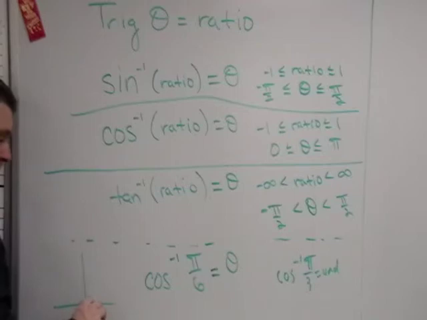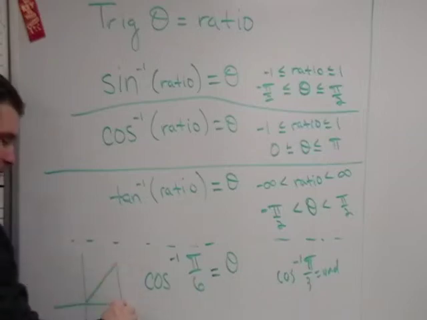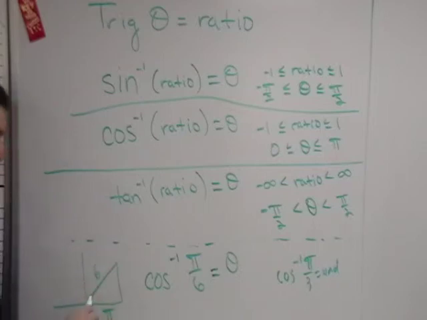And basically what it means is that my adjacent is pi, and my hypotenuse is 6, and I'm looking for the theta. That can happen. You can have this be pi and this be 6. As long as the legs are smaller than your hypotenuse, then you're in good shape.